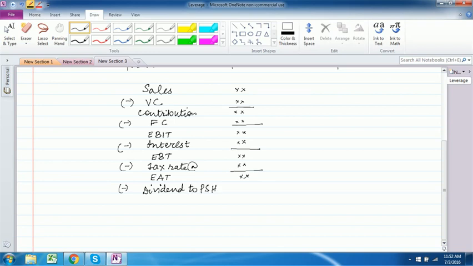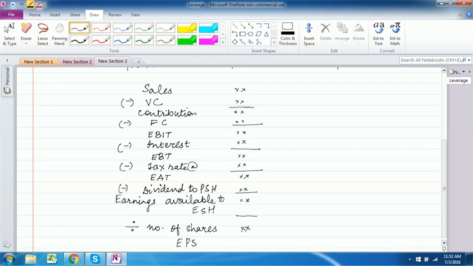After this, you will arrive at the earnings available to equity shareholders. Now, when you divide this by the number of equity shares, you will get earning per share. So this is how you will reach earning per share from your sales.